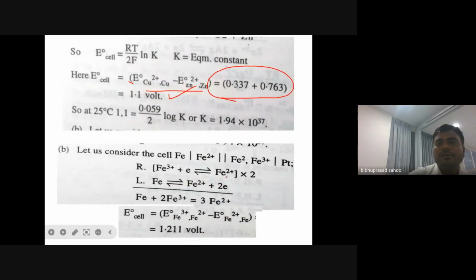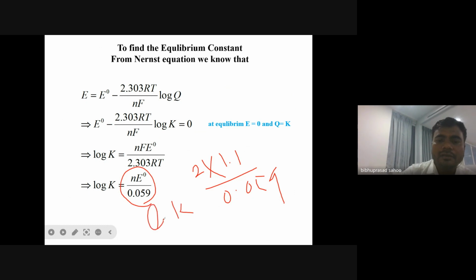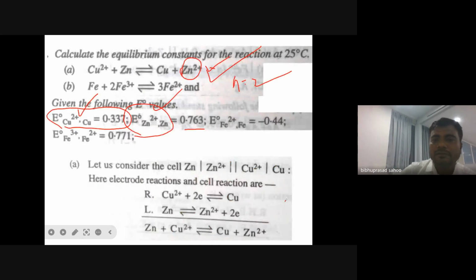E naught cell you got is 1.1 volt, so 2 into 1.1 divided by 0.059 gives log K. Whatever log K you get, students, K is equal to 10 to the power 2.2 divided by 0.059.